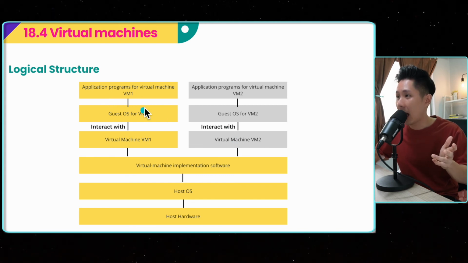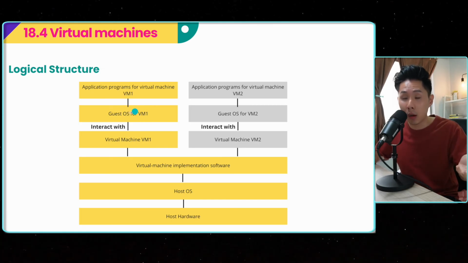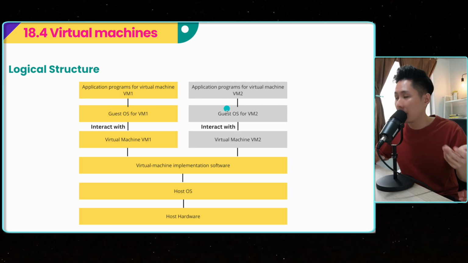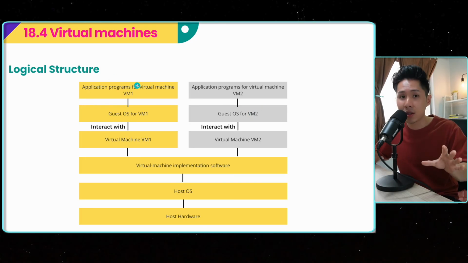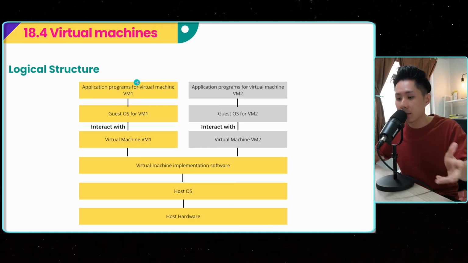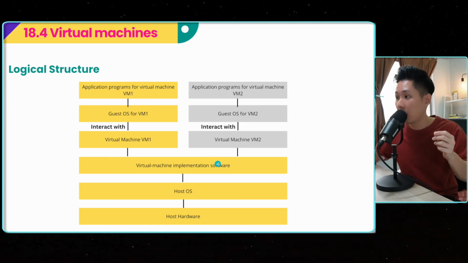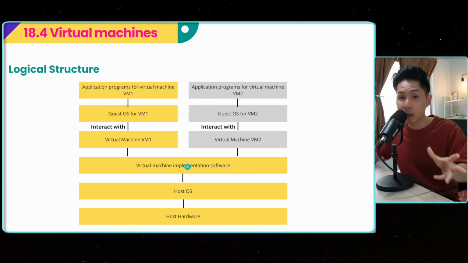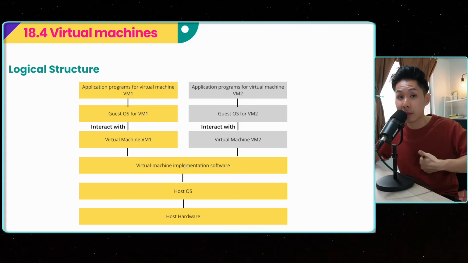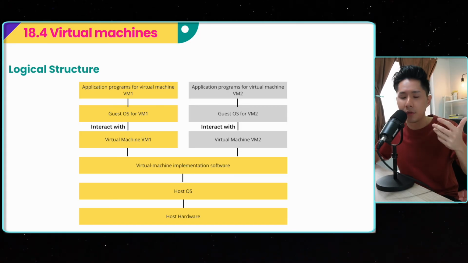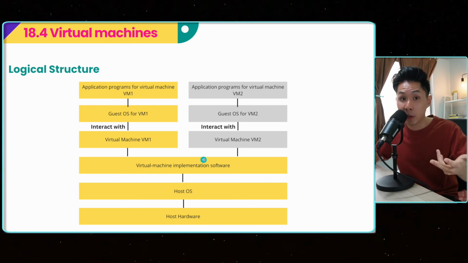And then on my Mac, I will be able to access the operating system, for example the Windows operating system, Windows 11, or the Linux operating system. With that, I can run applications that cannot be run on Mac but can only be run on Windows. That's all made possible because of the virtual machine, which is software that allows my computer, which is a Mac, to pretend to be a Windows machine, to pretend to be a Linux machine.